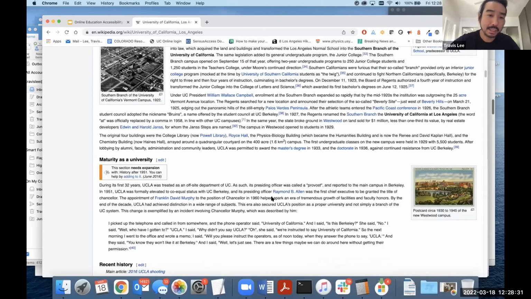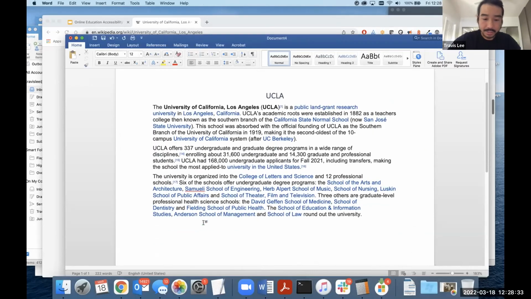So let's go ahead and build out a couple of these. History is going to be H2. And the next one down, University, is going to be H3. So it's underneath, a subheader to history.